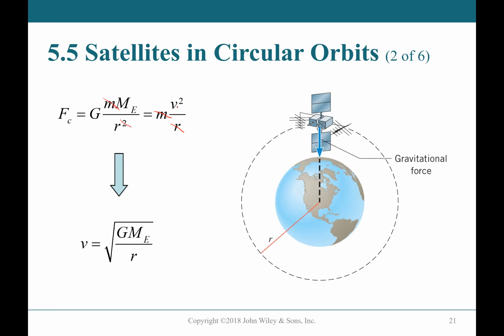So now we have v squared is big G, mass of Earth, divided by r. Or to get v, take the square root of that. And that's where this equation comes from. So what does that mean? Just like our moon is a natural satellite. The moon is orbiting the Earth with a given radius.